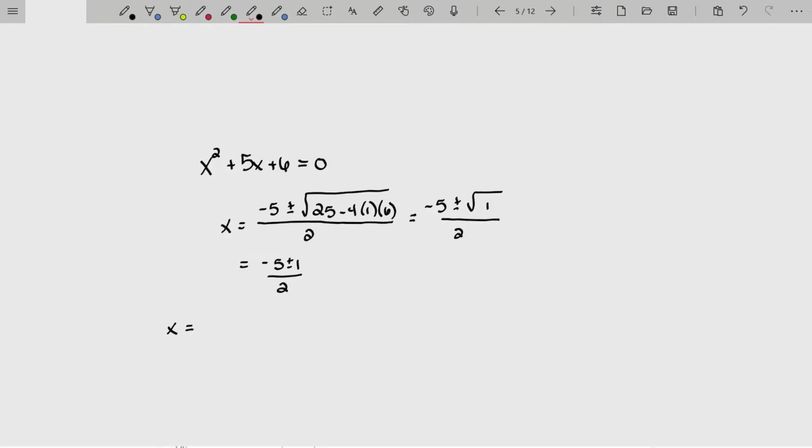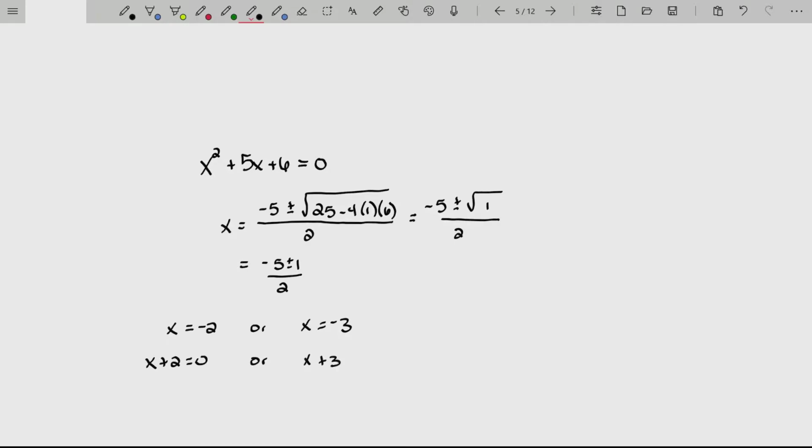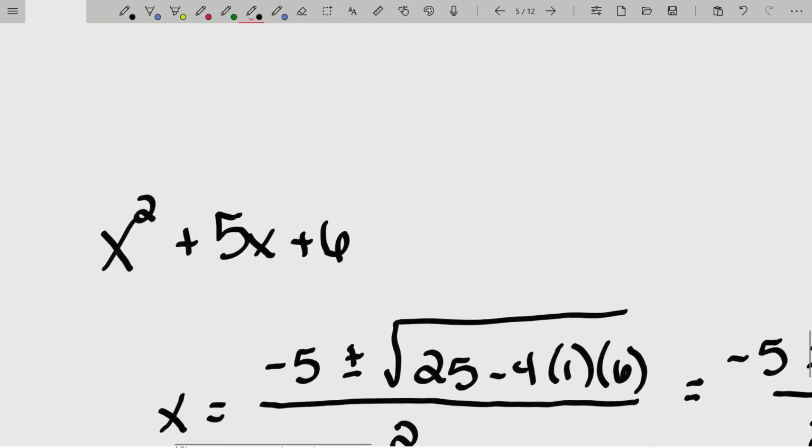So therefore x is either negative 5 plus 1, which is negative 4, divided by 2, or x is equal to negative 5 minus 1, which is negative 6, divided by 2, which is negative 3. Moving everything to one side, you get x plus 2 is equal to 0, or x plus 3 is equal to 0. Those are your factors, x plus 2 and x plus 3.